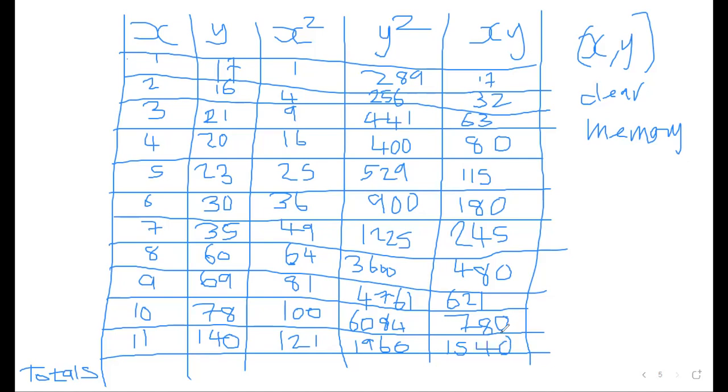So you can find the totals using the combination of the coordinates: 1, 17, M plus; 2, 16, M plus; 3, 21, M plus; 4, 20, M plus; 5, 23, M plus; 6, 30, M plus; 7, 35, M plus; 8, 60, M plus; 9, 69, M plus; 10, 78, M plus; 11, 140, M plus.